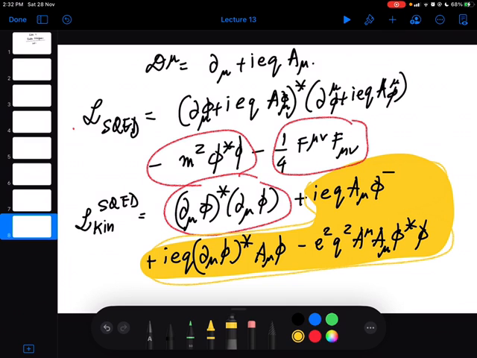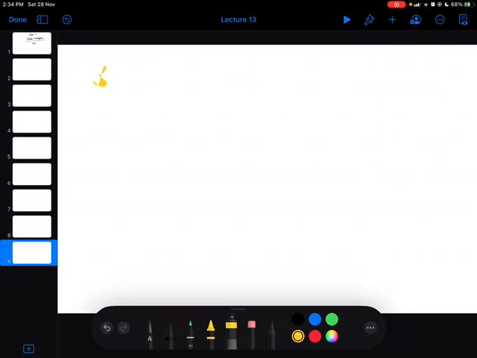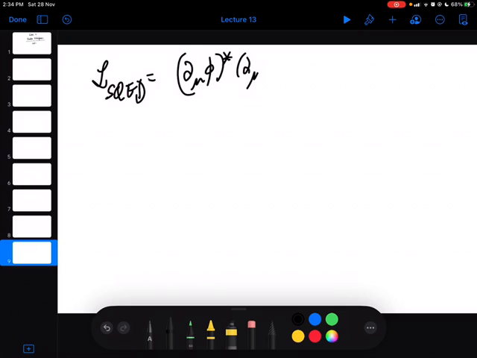So let me write these parts out. L sqd is equal to del mu phi star del mu phi minus m square phi star phi.